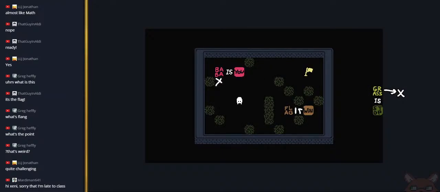So we are missing an is here. Where do we get it from? Well, we cannot put anything here, so the only other is remaining is this one. And because we know, even from this puzzle itself, that statements can be written both vertically and horizontally, we can attempt to use this is.